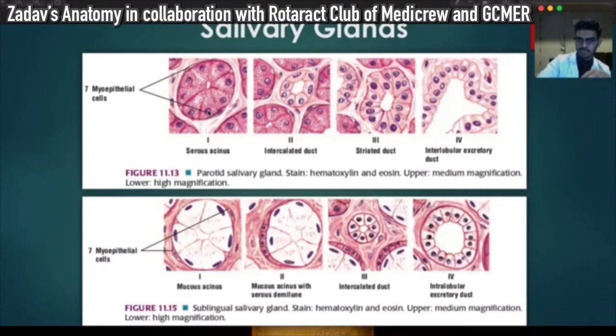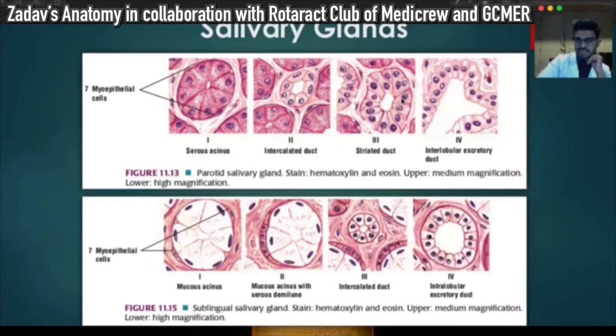You've got a nice open nucleus because, of course, it is actively synthesizing things. These granules are essentially formed because there is active protein synthesis happening. Correct? So this is what a typical serous acinus looks like, and you can see 2 myoepithelial cells in the background. This is what a typical intercalated duct looks like.